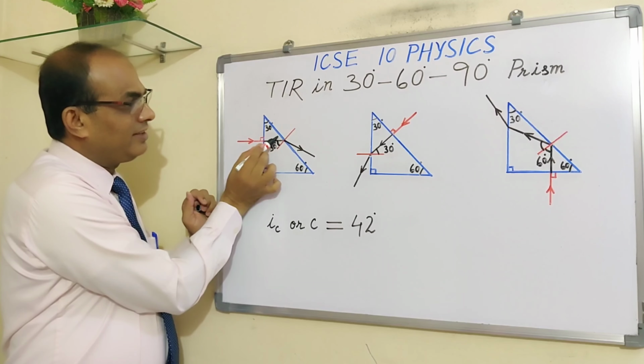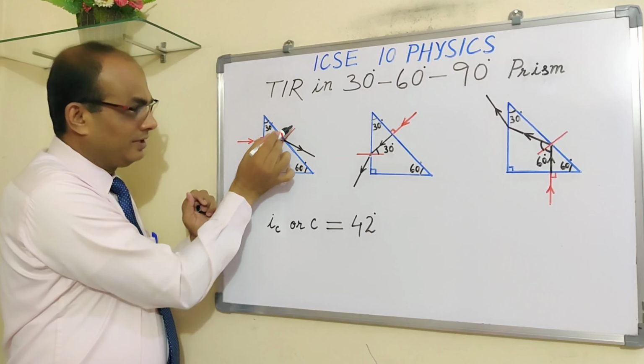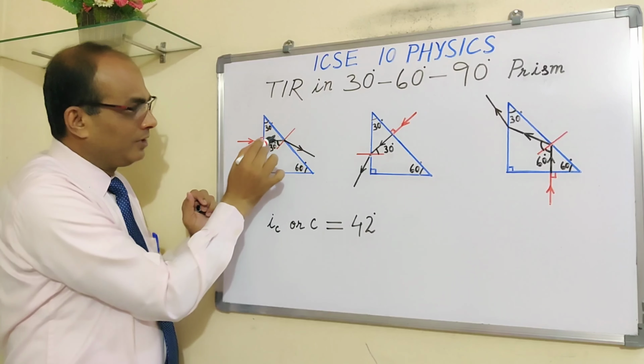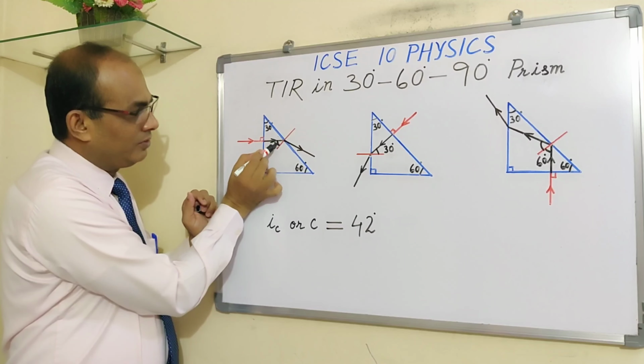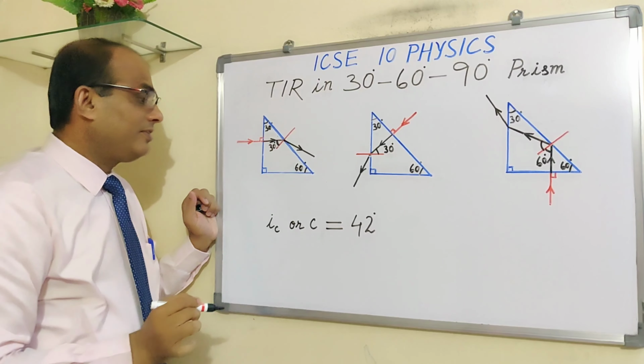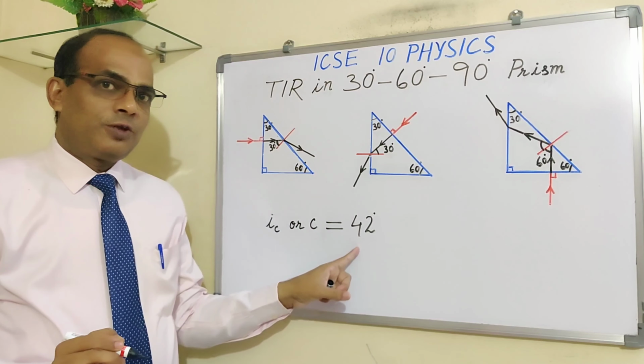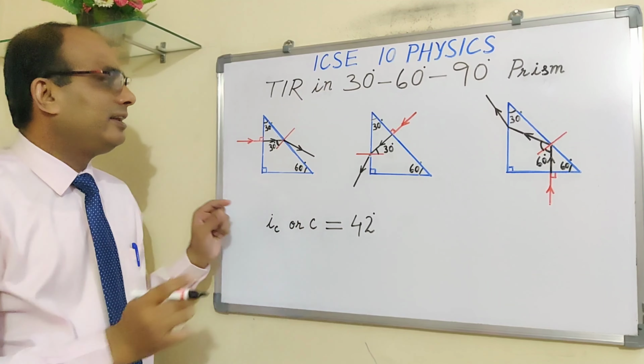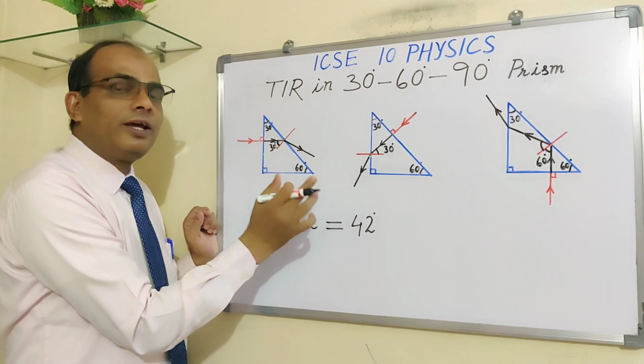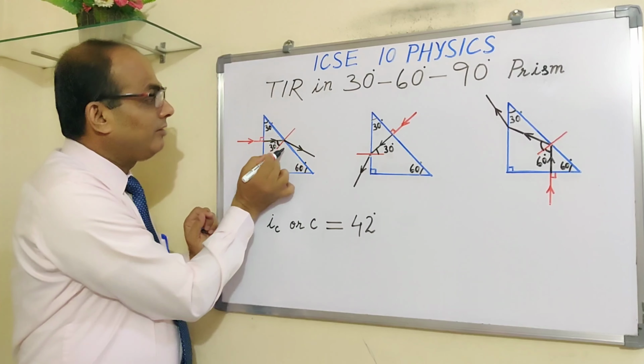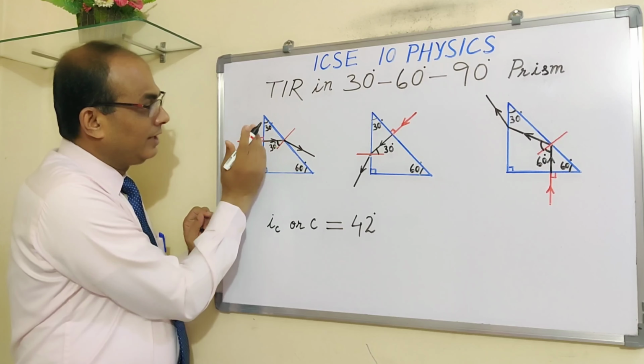If this is 60 degrees, then this will be 30 degrees because this red one is a normal, so the total is 90 degrees. 30 means it is less than the critical angle. So no TIR will take place and the ray of light will emerge out of the prism. Refraction will take place from here. Alright, this part is over.